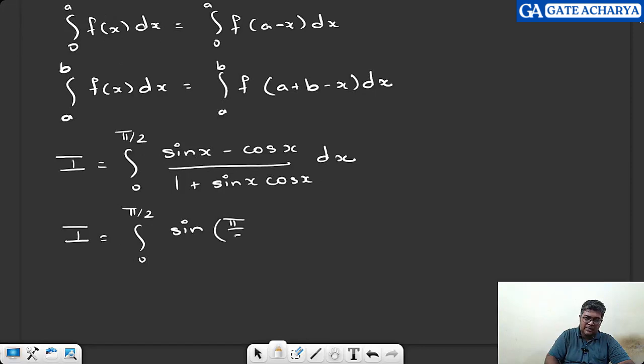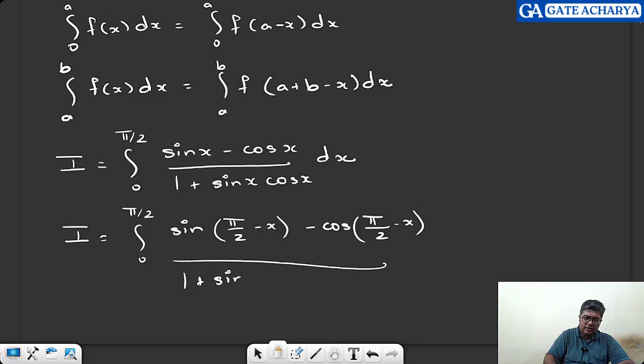Pi by 2 minus x. Not only in one function, wherever there is x, all x must be replaced by pi by 2 minus x. 1 plus sin of pi by 2 minus x into cos of what? Pi by 2 minus x.